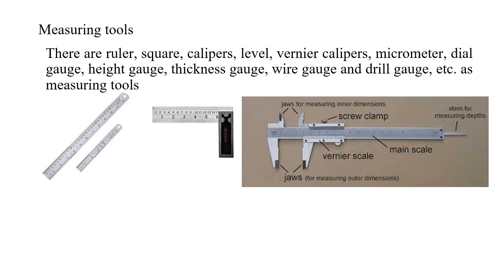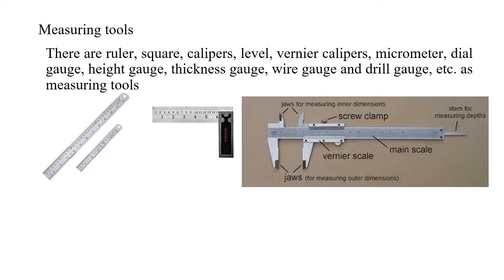Starting with measuring tools, we have rulers or steel ruler, square, calipers, level, vernier caliper, micrometer, dial gauge, height gauge, thickness gauge, wire gauge, and drill gauge.